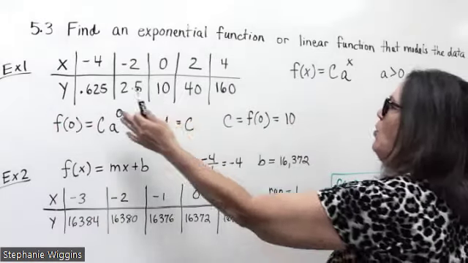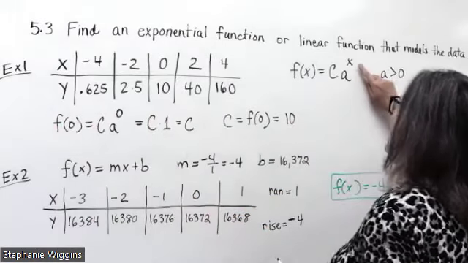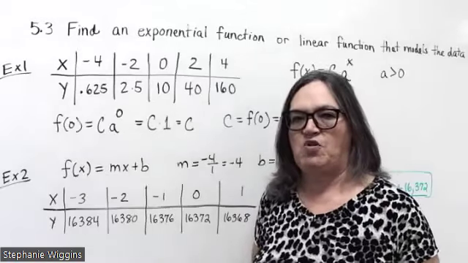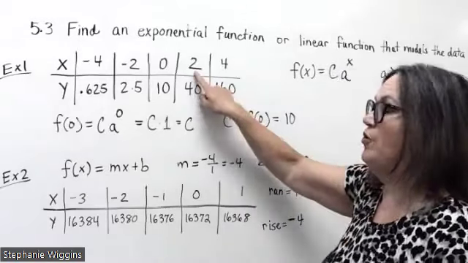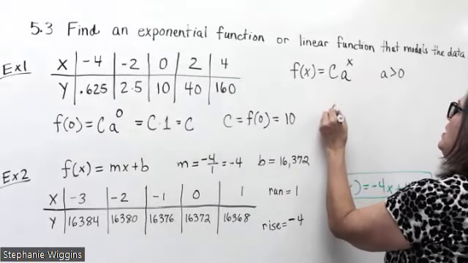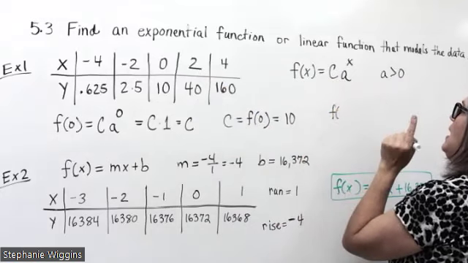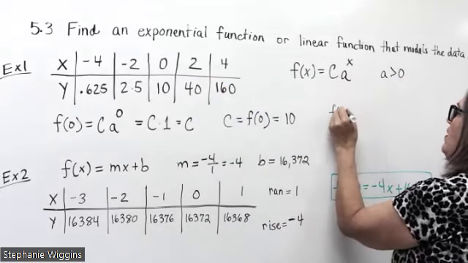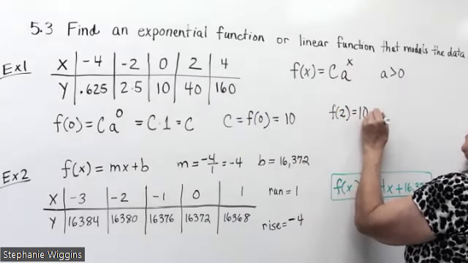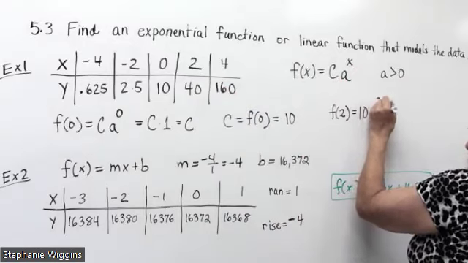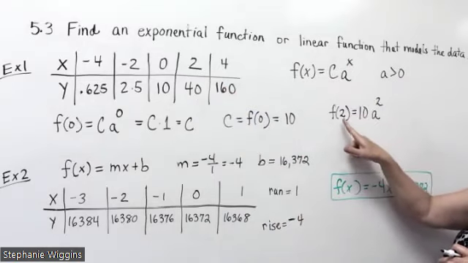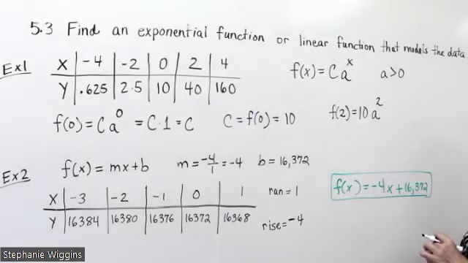So we need to take another point in our data. It would be nice if we could just plug in a 1 there, but we're not given the y value for 1. So we'll just go with 2. We already know c is 10, and we're plugging in a 2 into our model, and now we can solve for a.